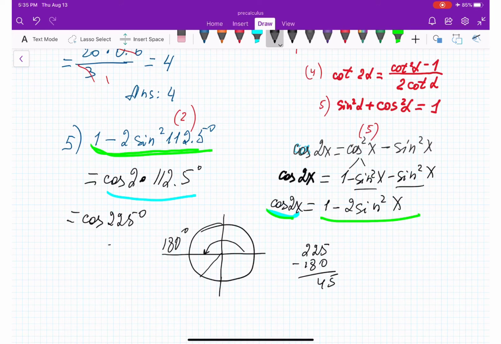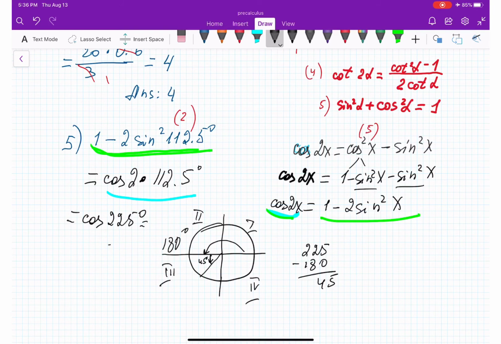So I need another 45 degrees. So 45 degrees here. So it's going to be equal to cosine 45 degrees, correct? Now, it's 45 degrees in the first quadrant because this is the first quadrant. First one, second one, third one, fourth one.